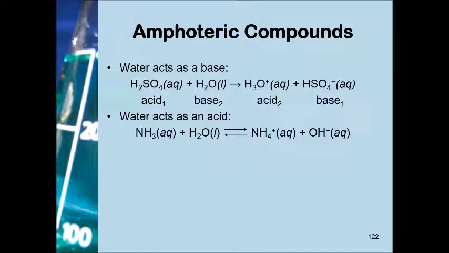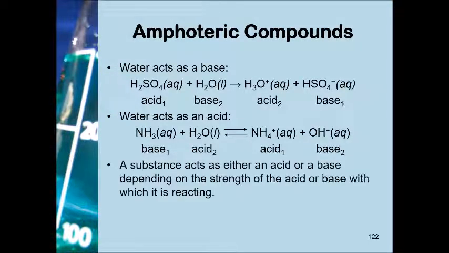And there's our ammonium ion. And after HOH has lost the H, what's left is the hydroxide ion that we see at the right. So in this situation, water is acting as an acid, and the ammonia is acting as the base.